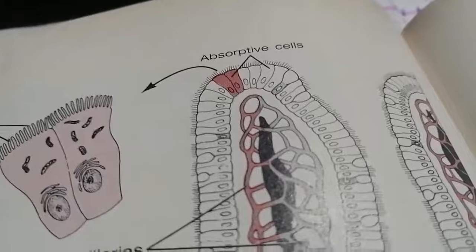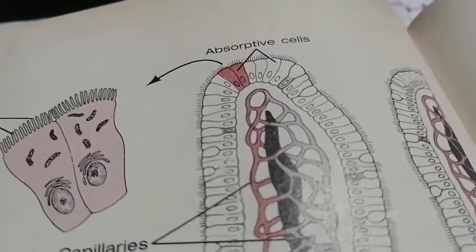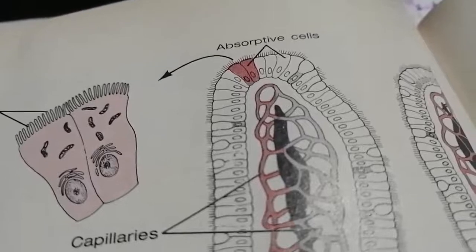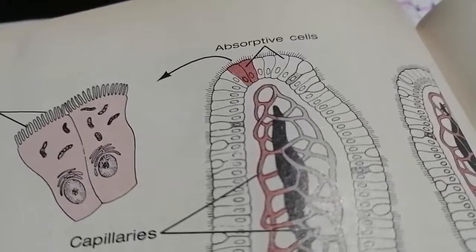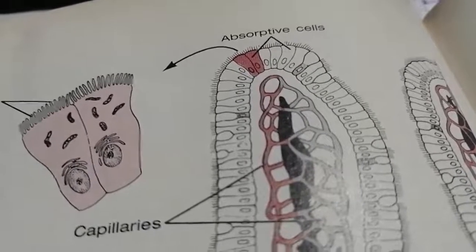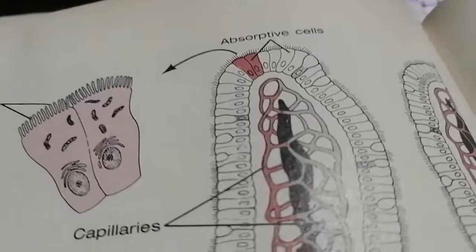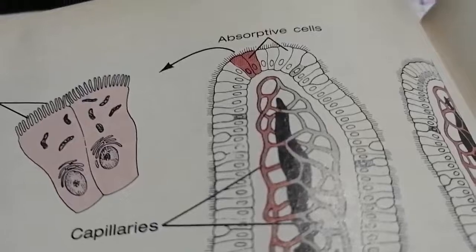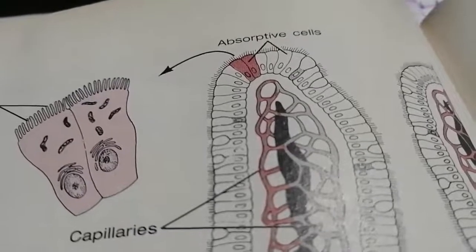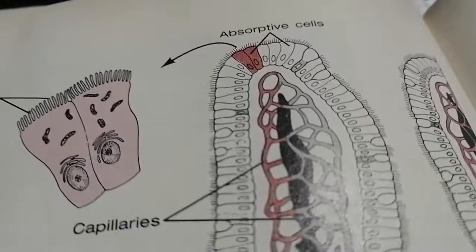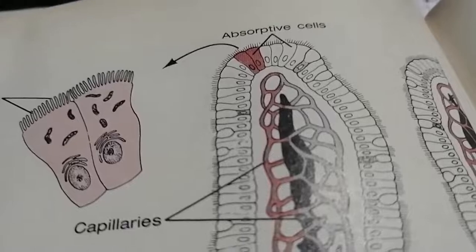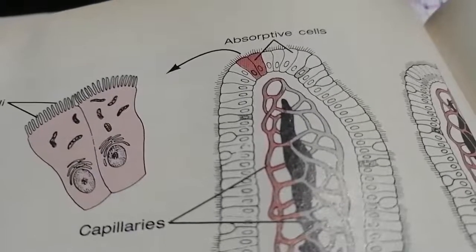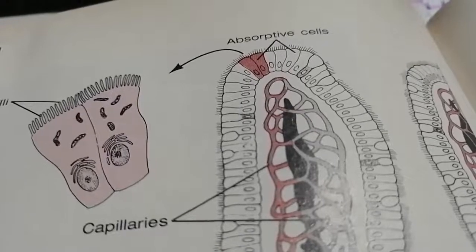Okay, and then just below it are lying what? Capillaries. And if you look at these structures, they are highly thin walled, so that small molecules, by the process of diffusion, can move easily into these blood capillaries.